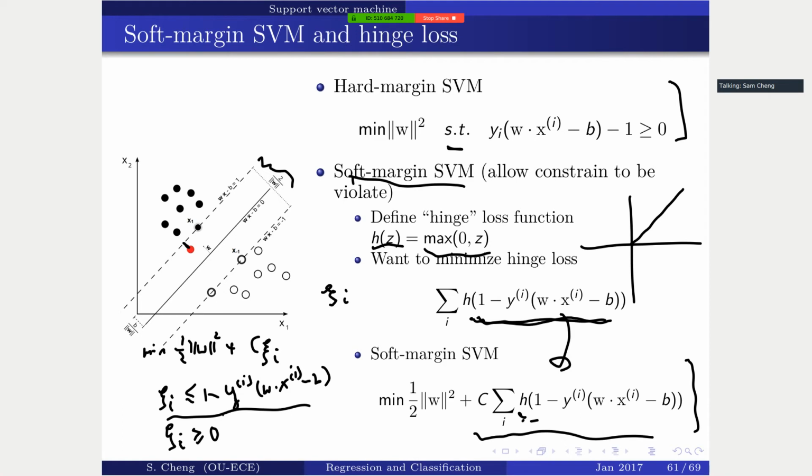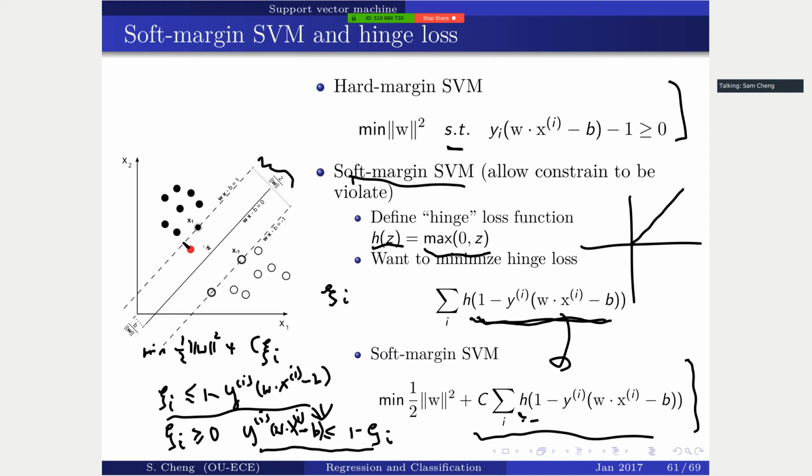Is that equal? Okay, let me write it. This is equal to 1 minus ci, right? Well, it looks like it's okay. Oh, okay, if I look at it this way, probably it's easier for me to understand.